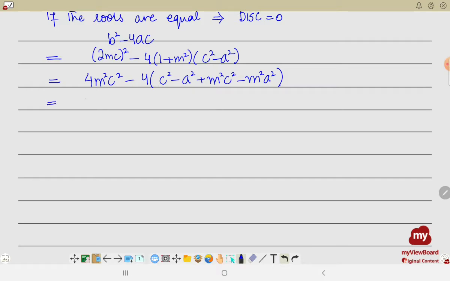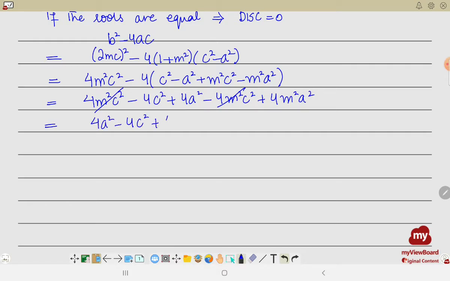Opening the brackets: 4m square c square minus 4c square plus 4a square minus 4m square c square plus 4m square a square. Let's see which terms can be cancelled. The 4m square c square terms will cancel. So we are left with 4a square minus 4c square plus 4m square a square. Let's take 4 common: 4 (a square minus c square plus m square a square).